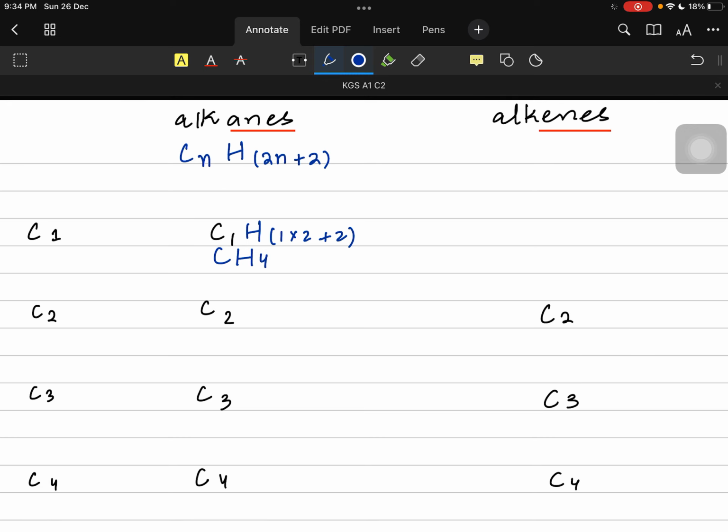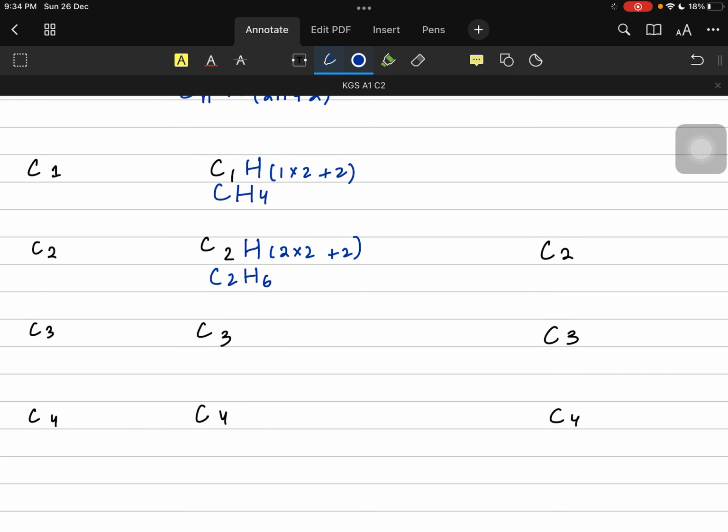Similarly, if the number of carbon is 2, the hydrogen would be twice this number, which means 4, plus extra 2, and it becomes C2H6. Whatever you do, you just double the number of carbon and then you add 2.